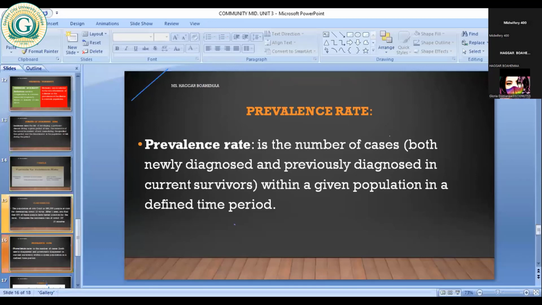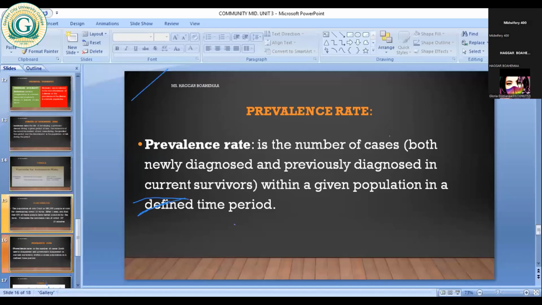So you add those who tested positive yesterday to those who are testing positive today. So those who tested positive for anemia or those who reported at the antenatal clinic with anemia yesterday, they are the old cases. And then those who are now getting anemia today, they are the new cases. So you add both old and new cases together, and then you get the prevalence rate.